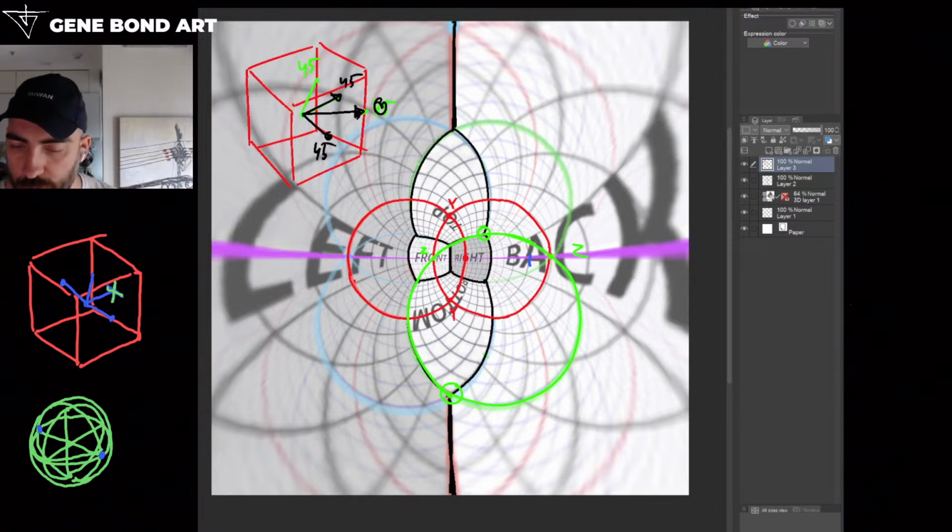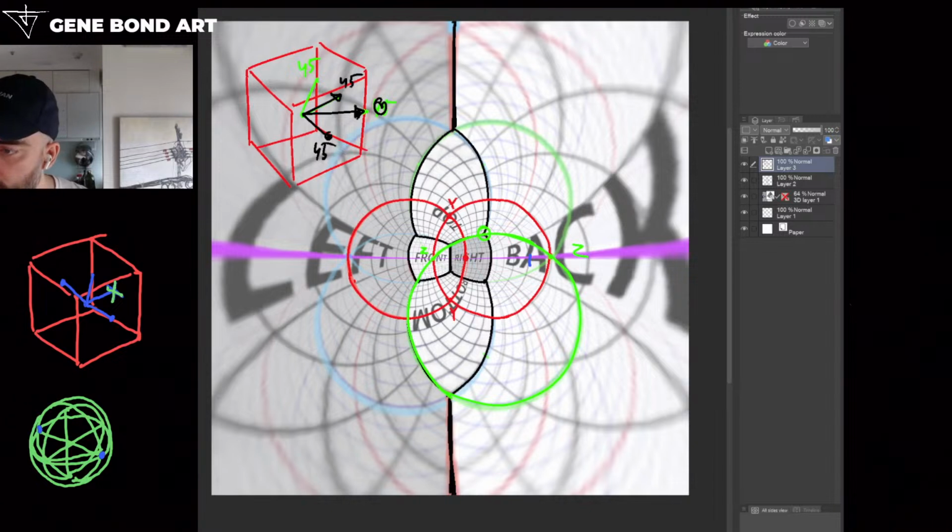So yeah, okay, so we have all these diagonal lines. So here's this diagonal line with these three other lines of 45 angle. We'll make this one circle for Z.